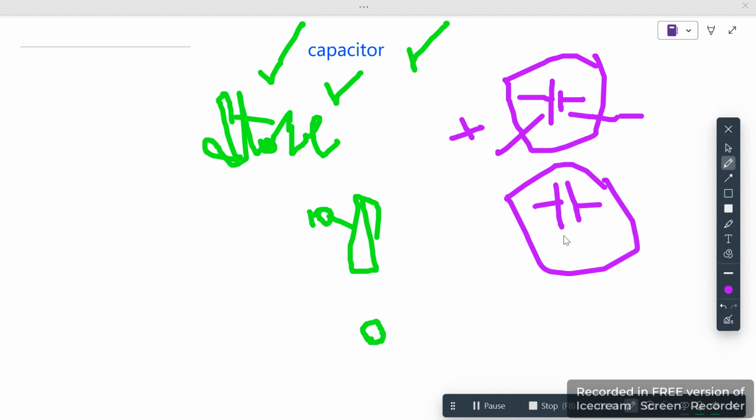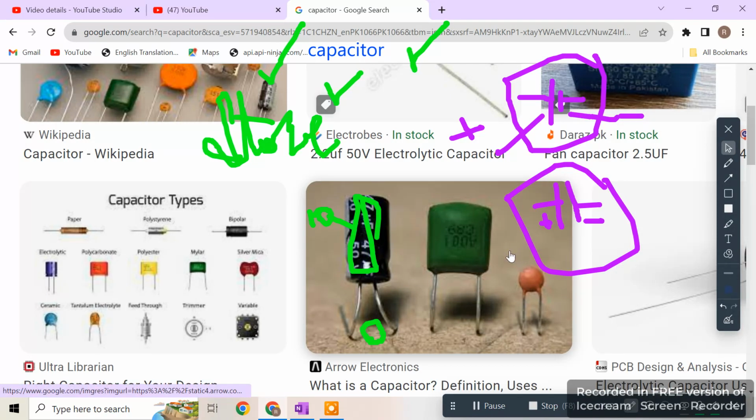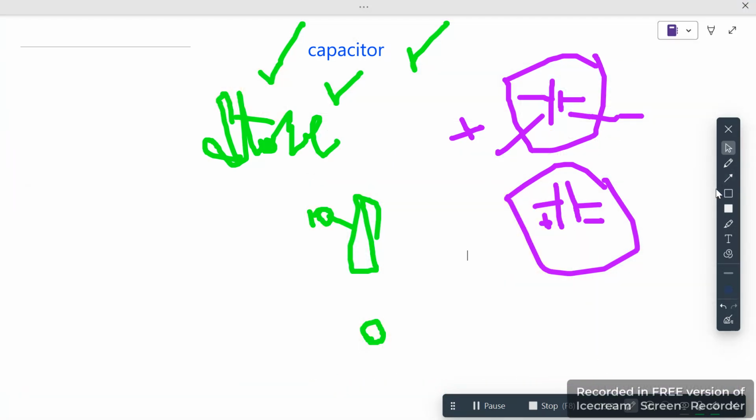If these are equal, we can call any one of them positive and the second negative. So a capacitor has the ability to store.